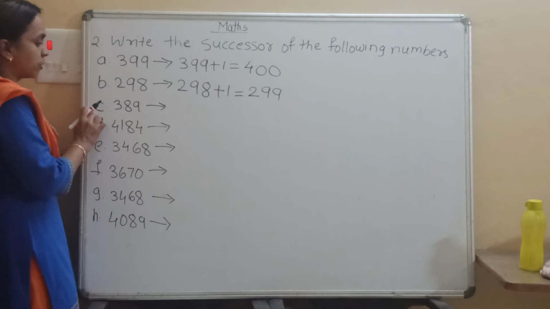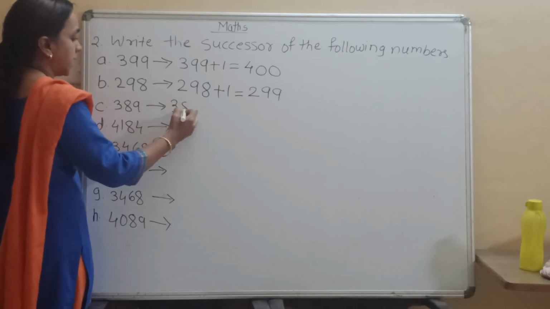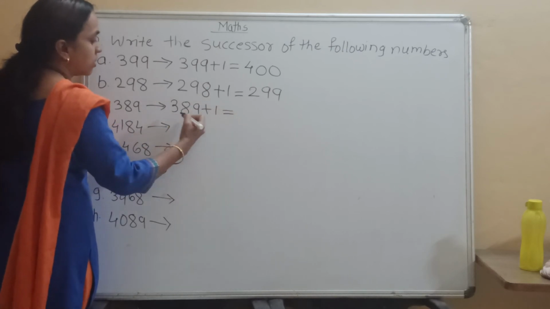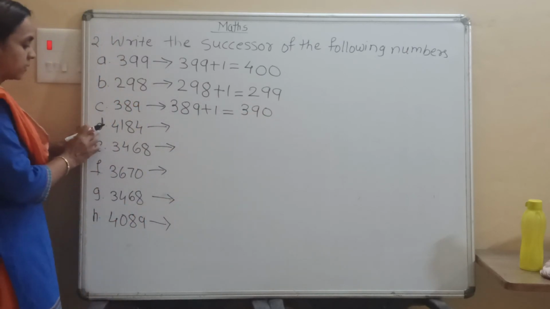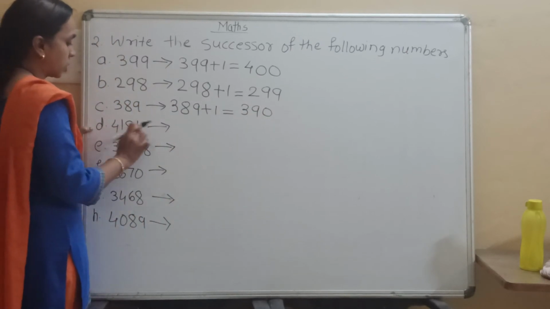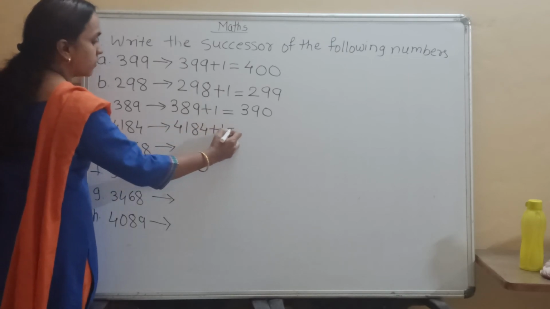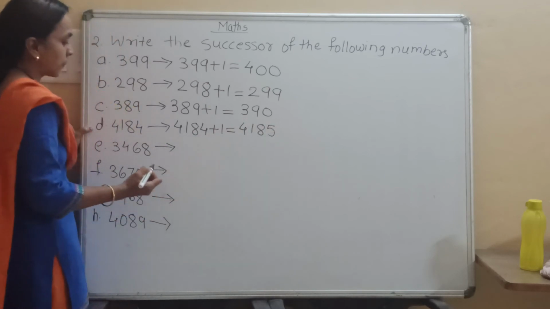299. Now see the example. Successor of 389. 389 plus 1 equal to 390. Okay. Then the next example, 4184 plus 1, 4185. Okay.